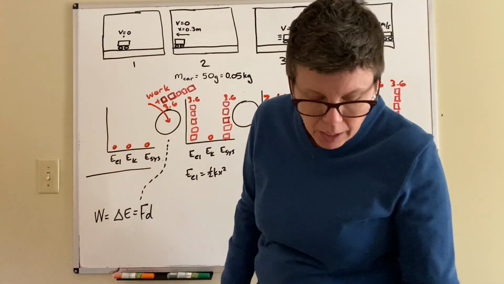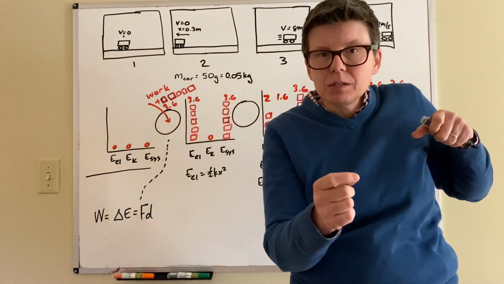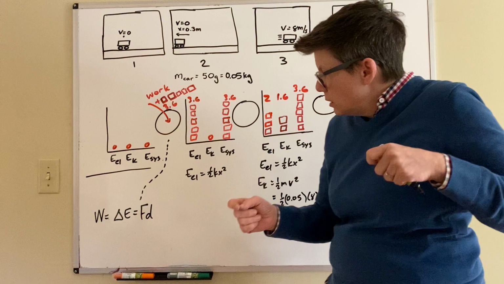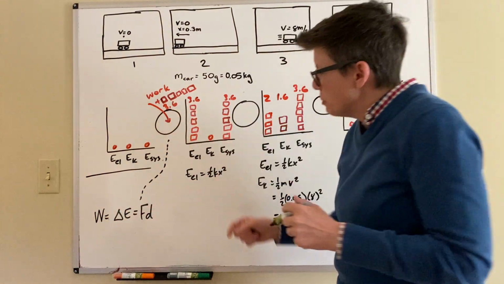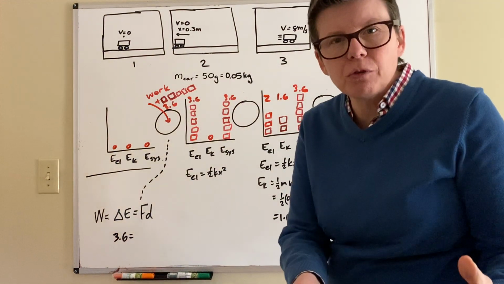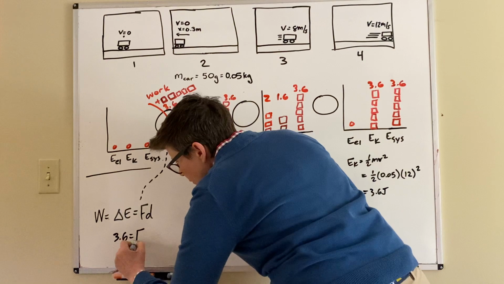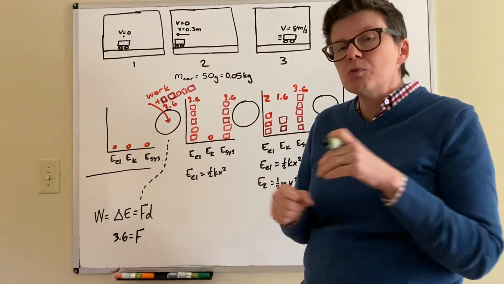How's this useful? How much force did the person apply to pull back the car? How hard was it to pull back? Well, do I know how much energy came into the system or how much work was done? Yeah, totally, 3.6 joules. I'm being asked what the force is. I don't know yet. Do I know how far the force was applied over? Like how long this person was pulling on the car?